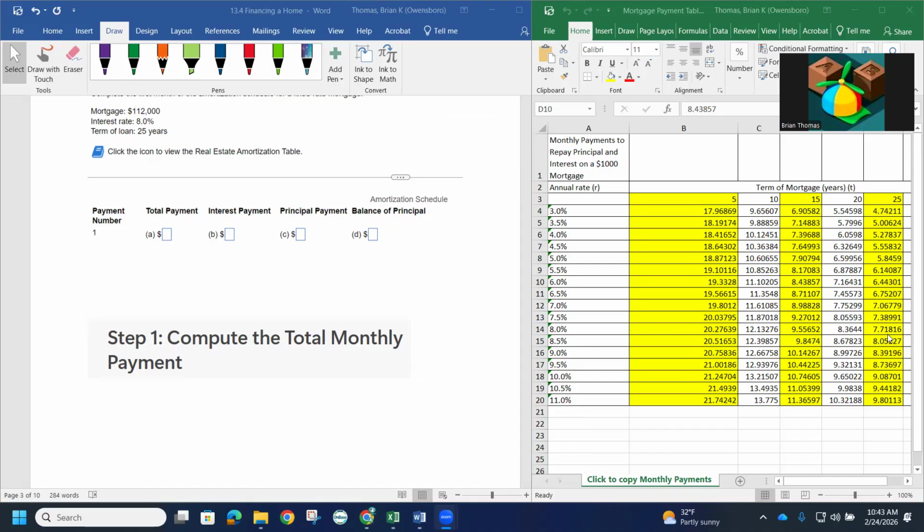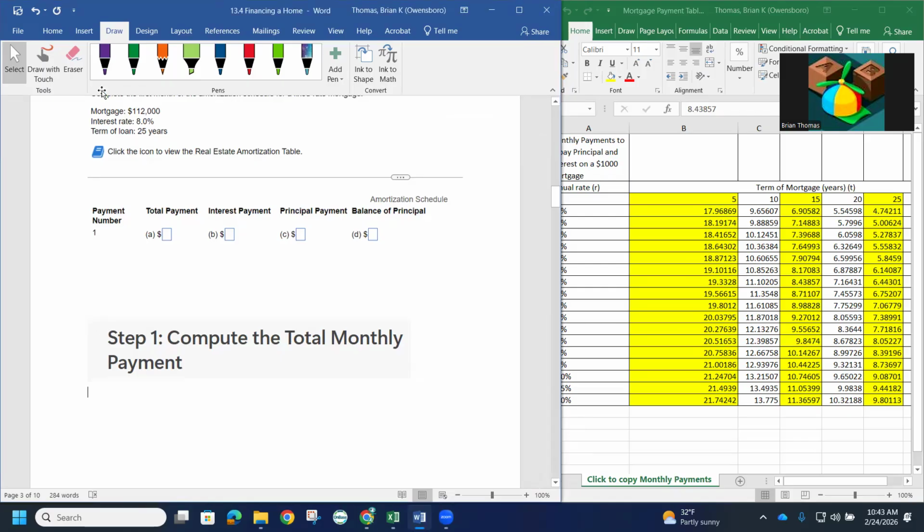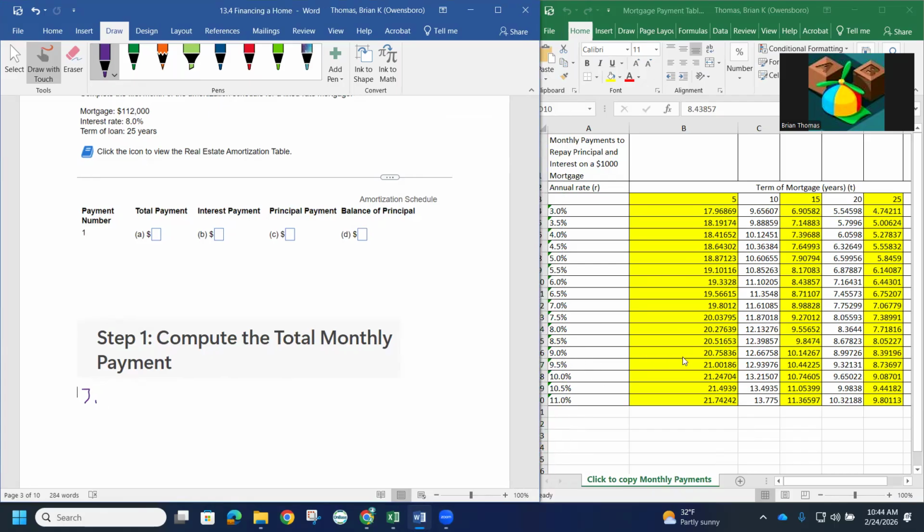So it looks like our number here is going to be 7.71816. That looks correct. And then we've got to multiply it per thousands.